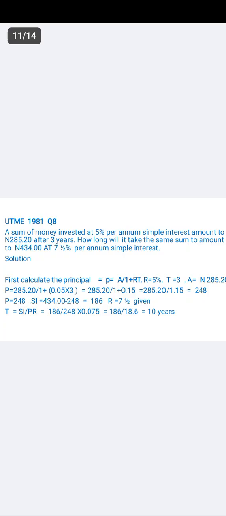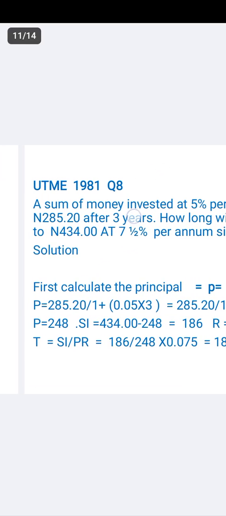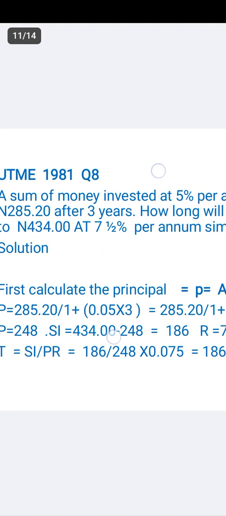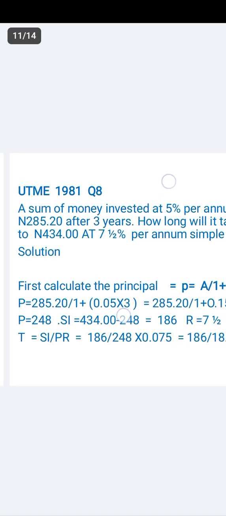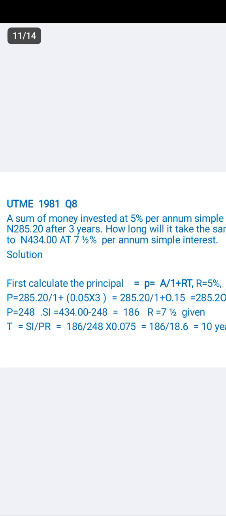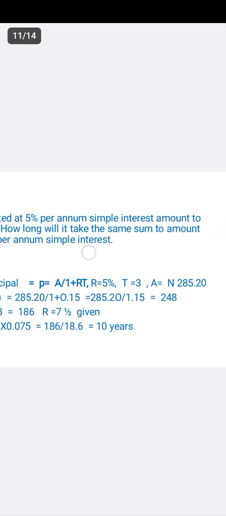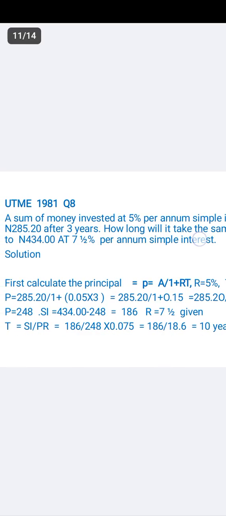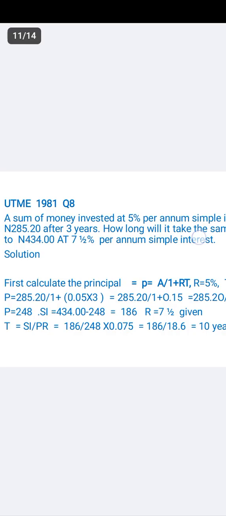Now, we are going to take a look at another question. This question is question number 8 of 1981. That question says, a sum of money invested at 5% per annum simple interest amounts to 285.20 after 3 years.